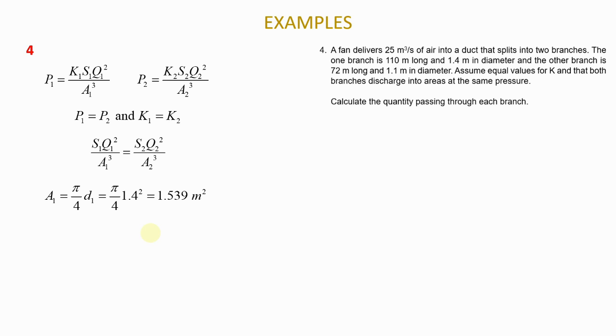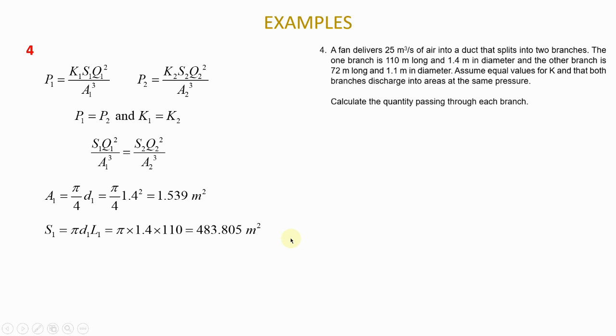We found the expression for the wetted area of a pipe, which was pi multiplied by the diameter multiplied by the length. So for S1, it's pi D1 multiplied by L1. D1 is 1.4 and L1 is 110, so you use your calculator and you will find that the rubbing surface is 483.805 square meters. That is for the first branch.